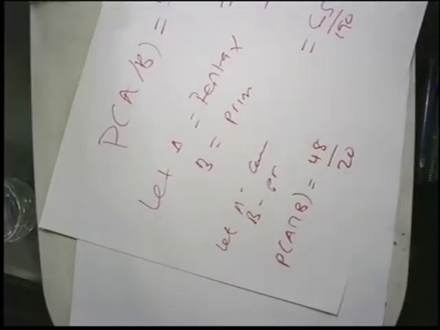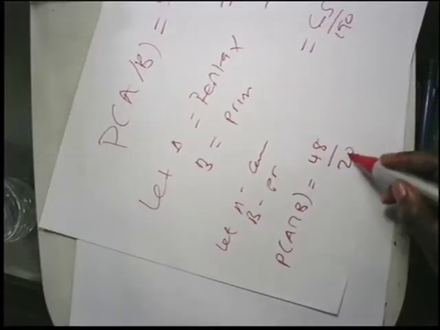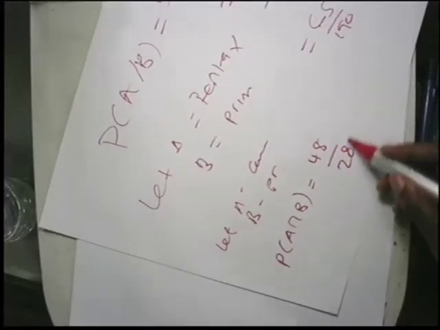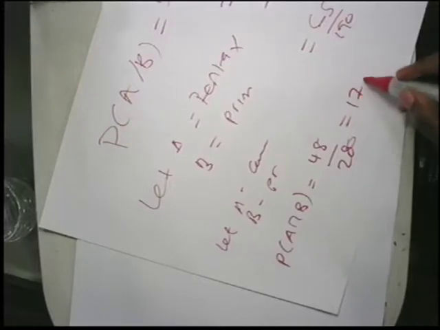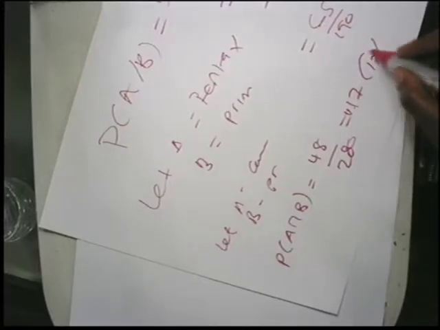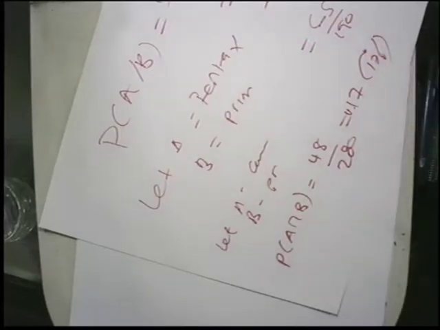Because if you go down and then go vertical or horizontal, where do they intersect? It's at 48. So the value that you're looking for is 48 divided by 280, and that will give you 0.17, which is 17%. Okay, you do it like that.